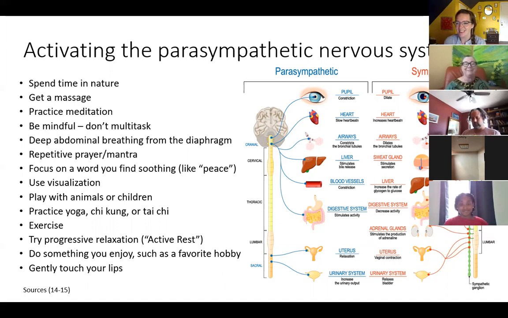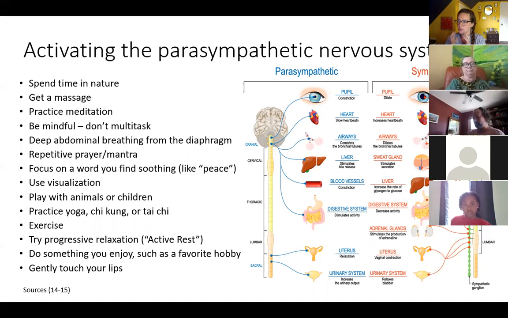So having your own sort of centering practice, playing with animals or children or other people. I think we really have, the past year and a half, we're co-regulatory beings. Being around other people, we co-regulate with each other. And without that, the aloneness causes the sympathetic to activate. I think simply because we evolved to not want to be cast out of the tribe.